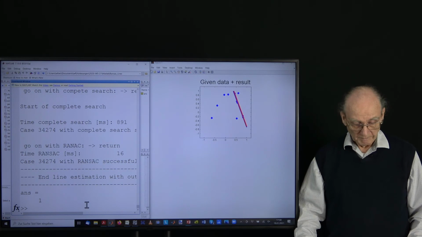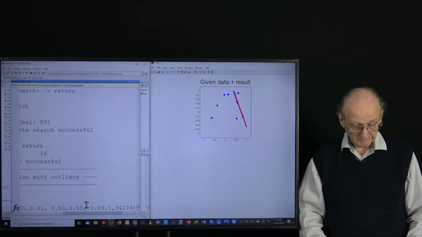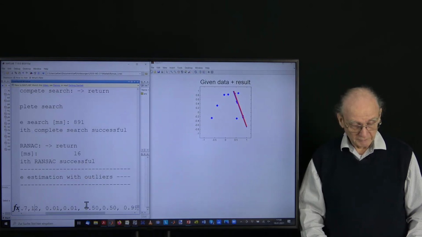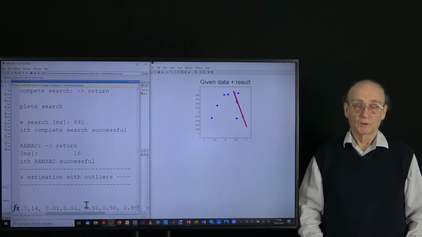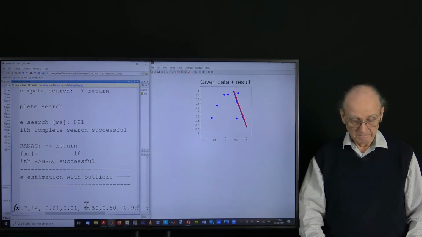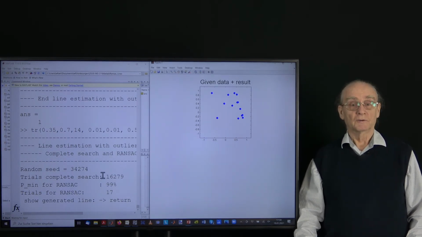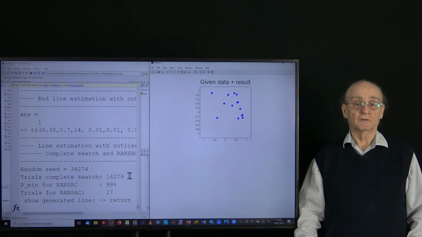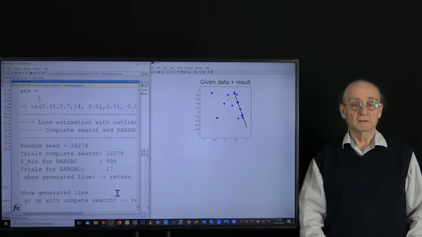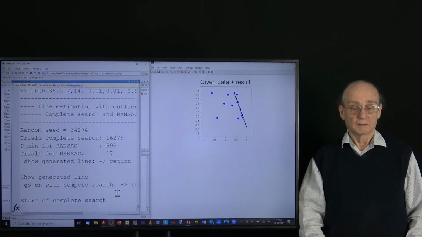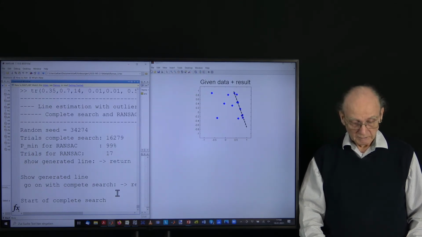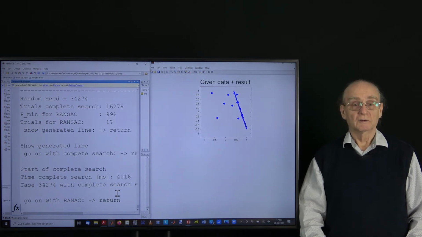Now let's go and make it even worse. We go up to 14, which doesn't seem a big difference. But this means that the number of alternatives in the complete search is 16,000. For RANSAC it is of course still 17. And for the complete search, it now takes about 4 seconds.